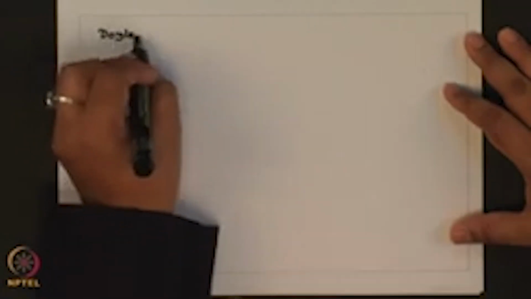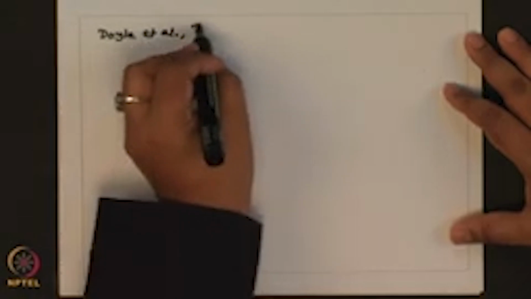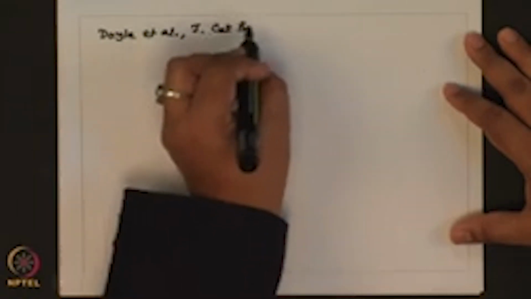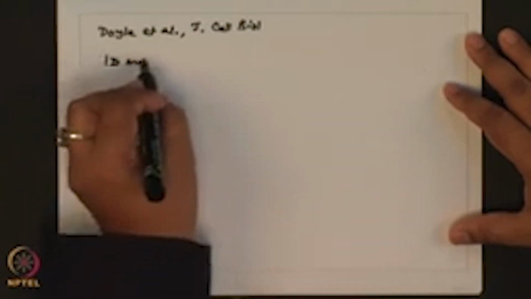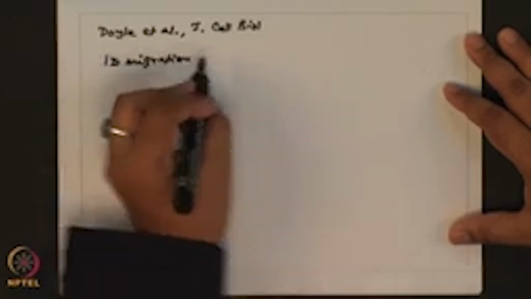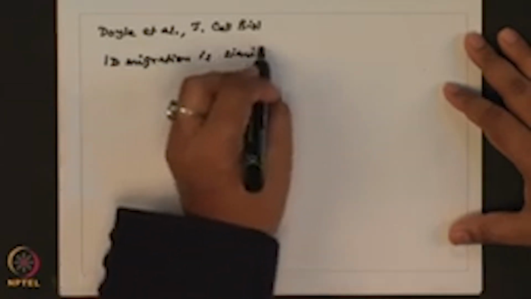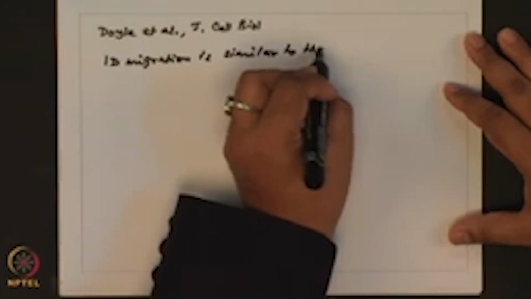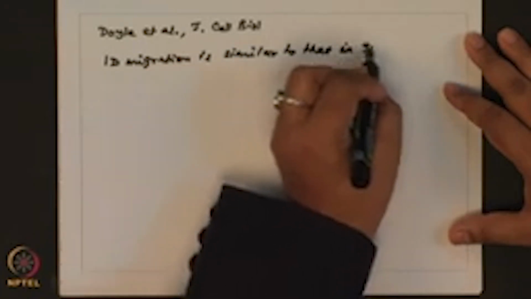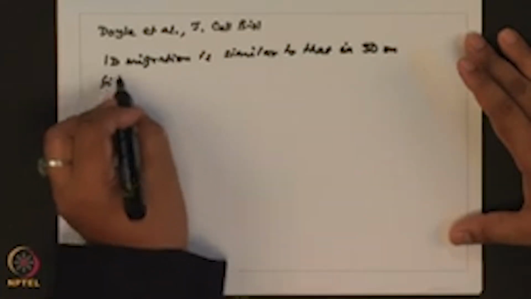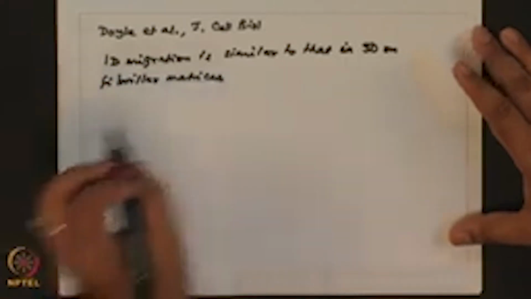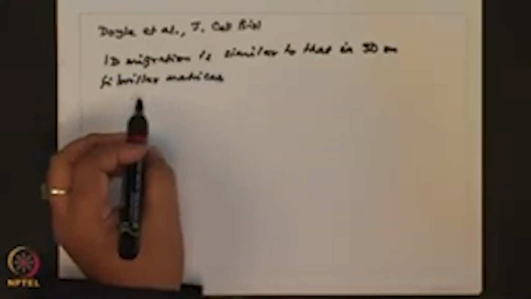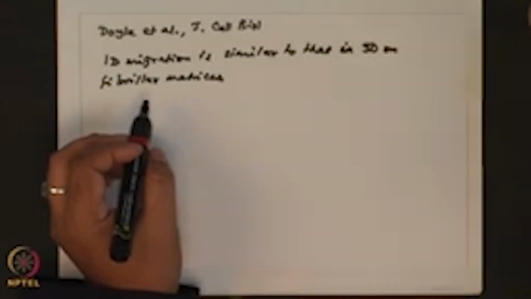One other study by Doyle et al., published in J Cell Biol, demonstrated that 1D migration is similar to that in 3D on fibrillar surfaces. By fibrillar matrices I mean aligned collagen matrices or similar.